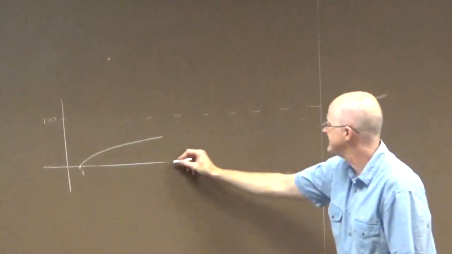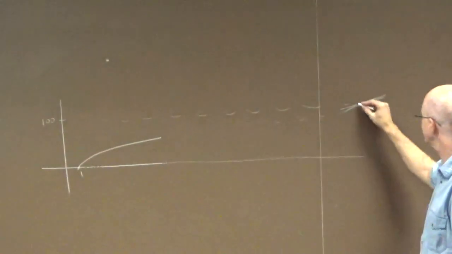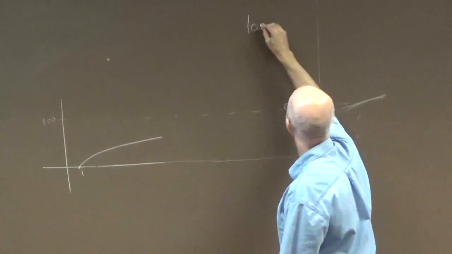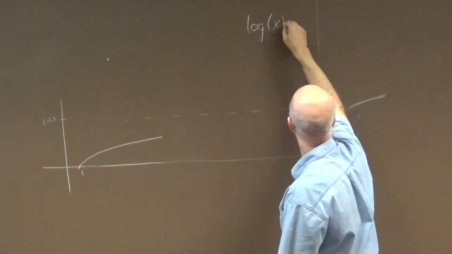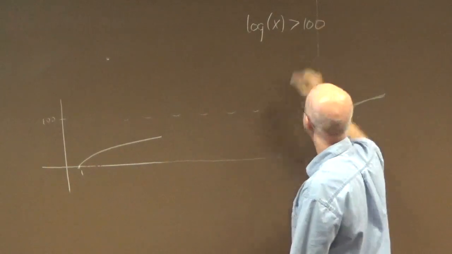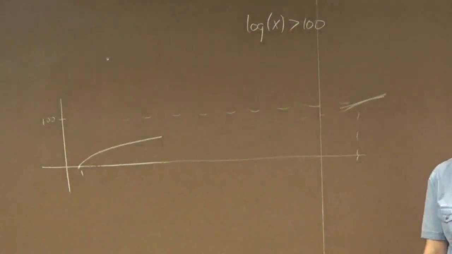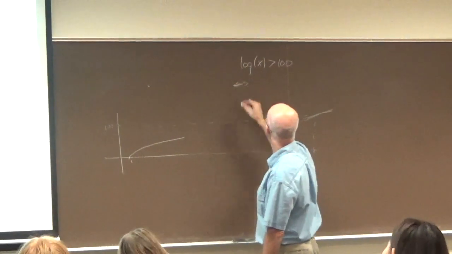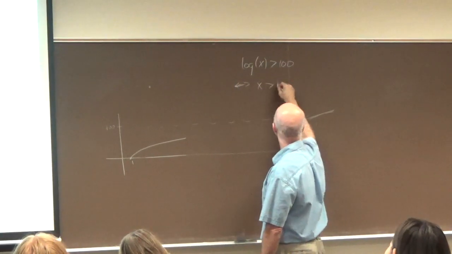How big does x need to be for it to get above 100? This is just some scratch work, so to speak. I want to find x such that log base 10 of x is bigger than 100. Think about the equivalent exponential equation. That would be equivalent to x being bigger than 10 to the 100.